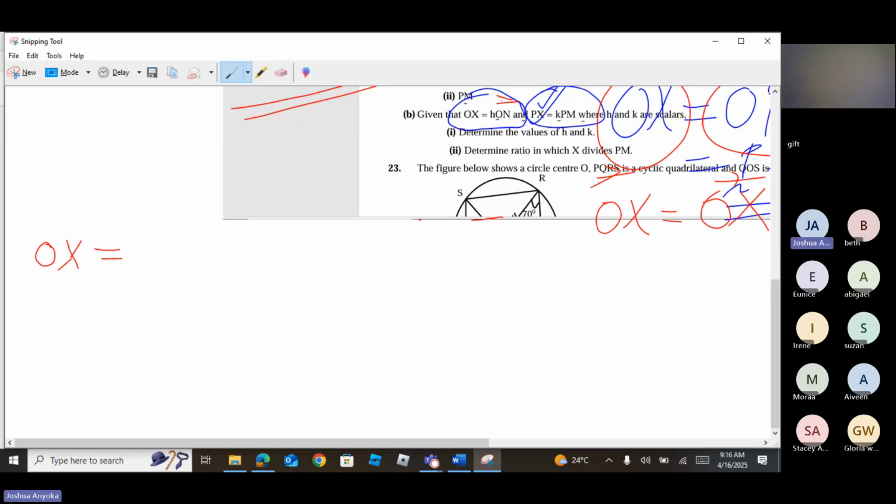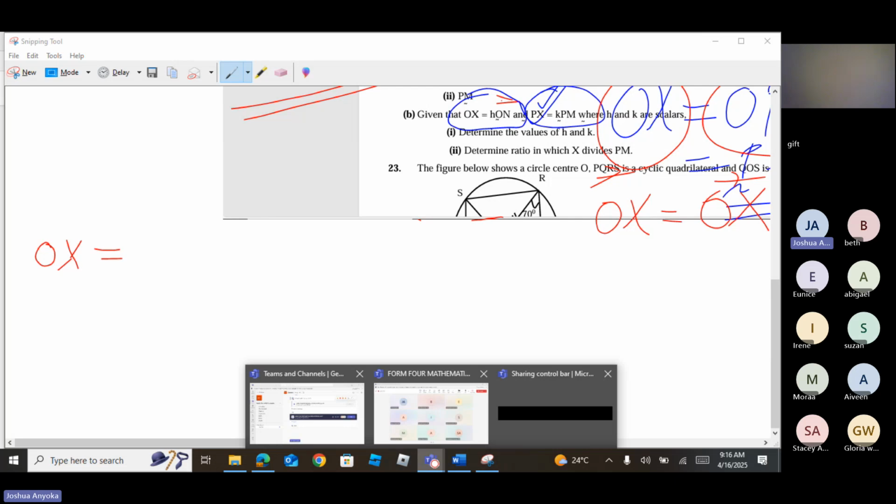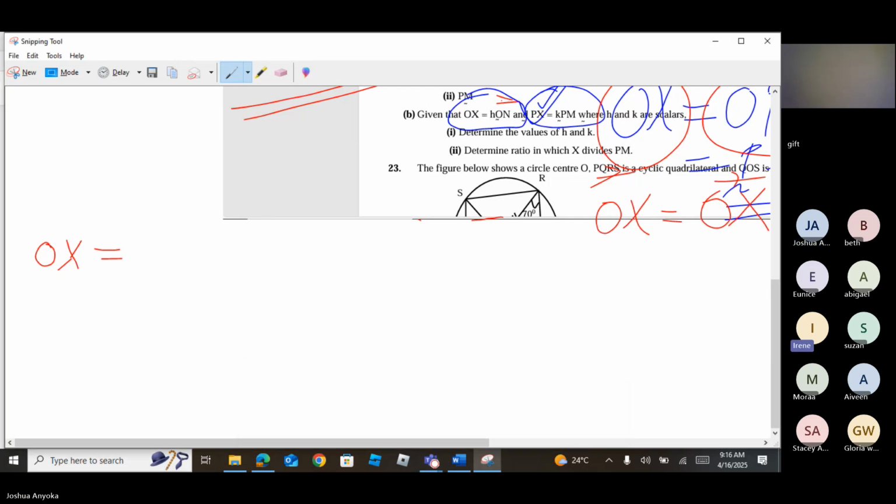Now that Abigail is not writing, let me go to Irene. Read for me vector OX, the first one. OX is equals to 2 over 3 HP plus 1 over 3 HQ, is equals to another OX, the second OX in terms of K.